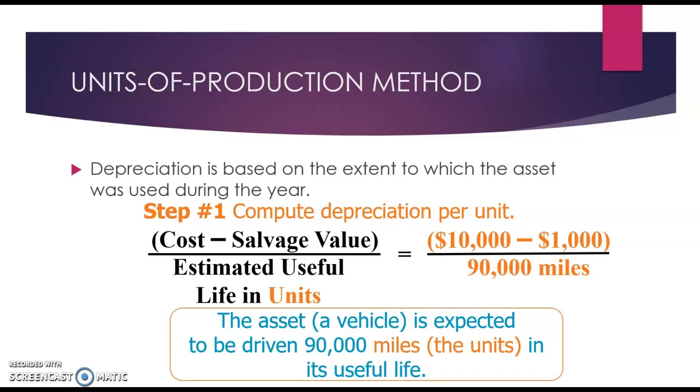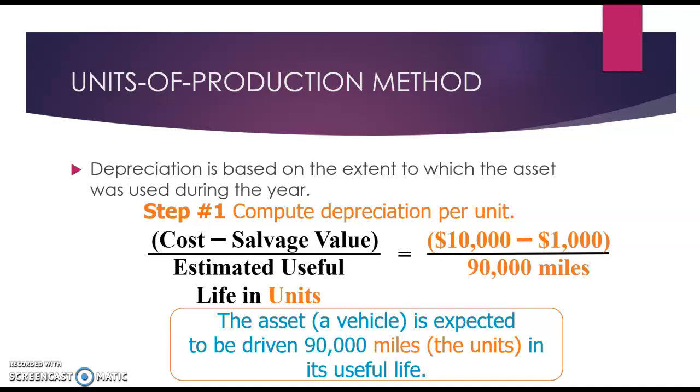Okay, so we learned that the straight line formula for depreciation was that we took in the numerator cost minus salvage value, and the denominator we divided it by estimated useful life.